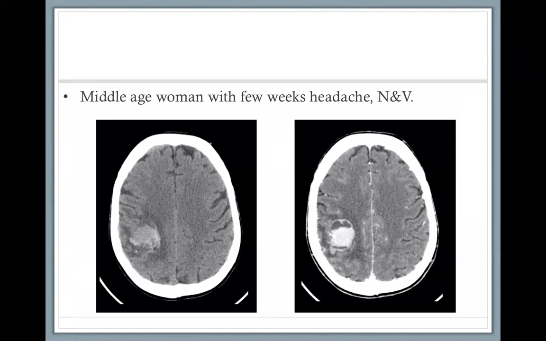Okay, remember, this is a CT. We use T1 and T2 for MRI, right? We are looking at a CT image, so T1 and T2 are not applicable.